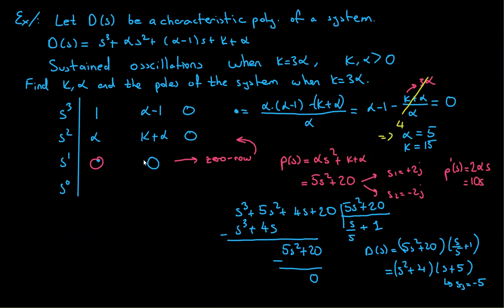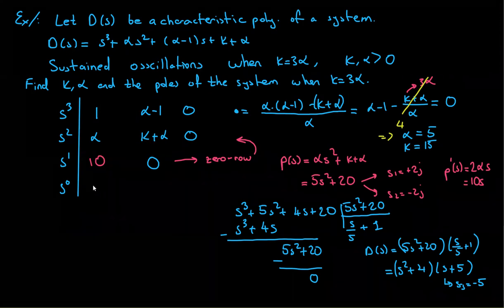And I will replace the coefficients in the 0 row with the coefficients of P prime of S. So this will be 10 and 0.